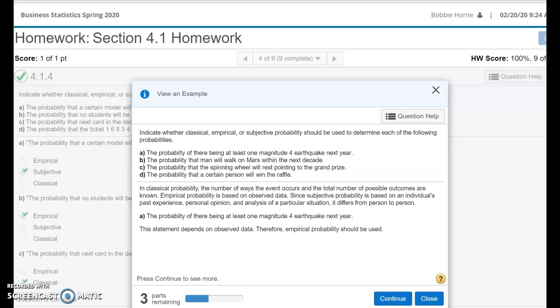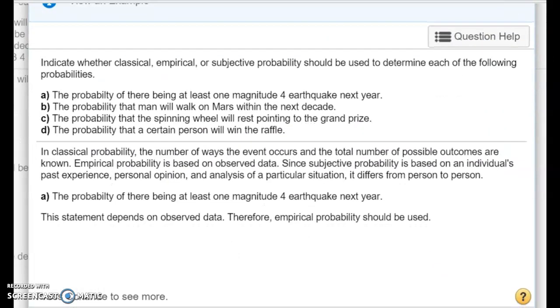Okay, for this next question, it is asking you to determine if it is classical, empirical, or subjective probability. So it's very important to understand these definitions. If you look under D, you'll see that in classical probability, the number of ways the event occurs and the total number of outcomes are known.